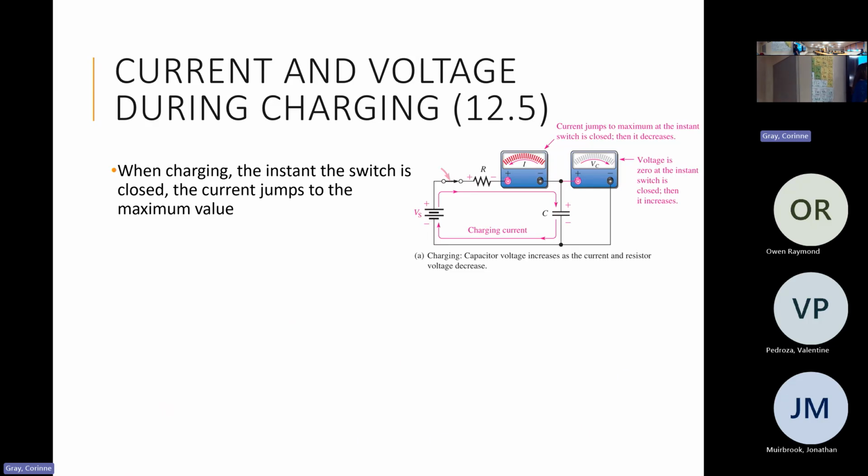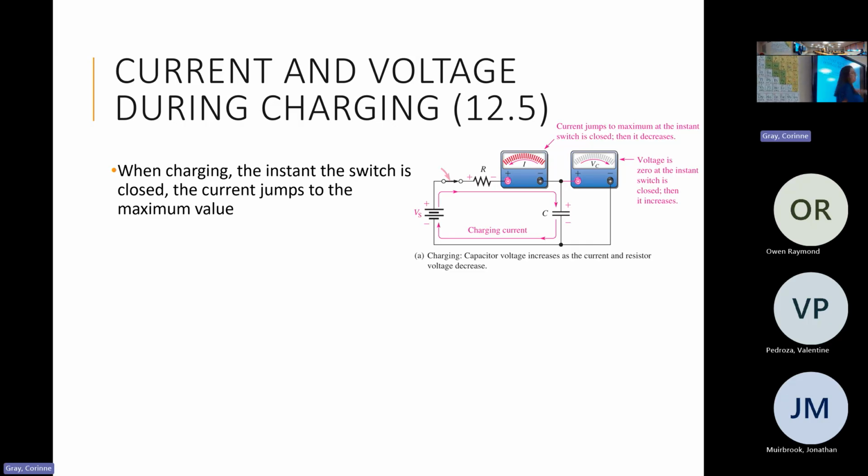In this case, we're still dealing with a DC source, so we're going to look at a battery. As soon as this switch closes, we are going to have a maximum value for the current that is flowing to our parallel plate capacitor. So that's what's going on here, where we have a maximum current value.